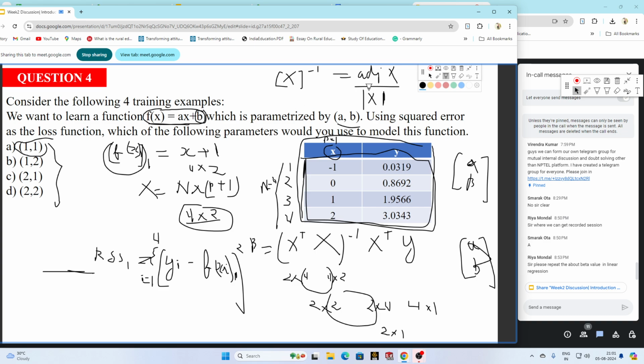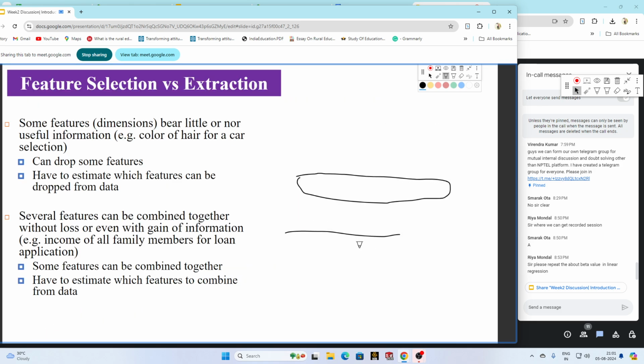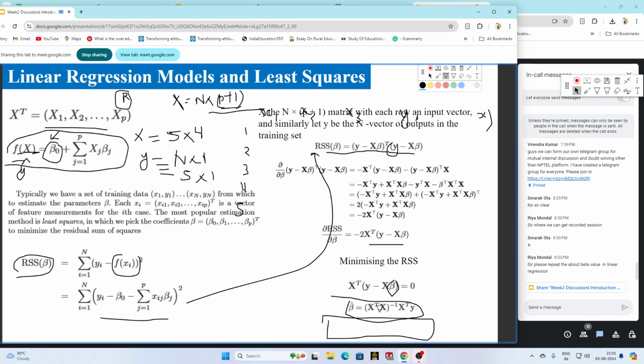This is the inverse. This formula is from the first slide only. This is your formula: x transpose x, inverse of it, x transpose into y.